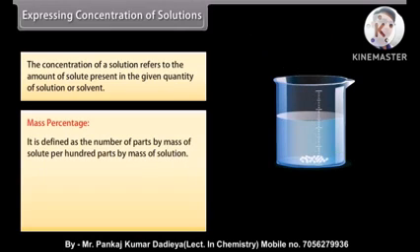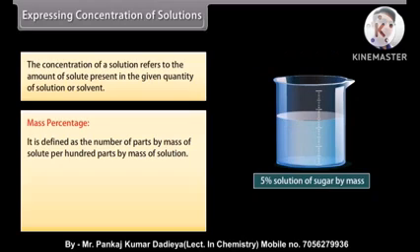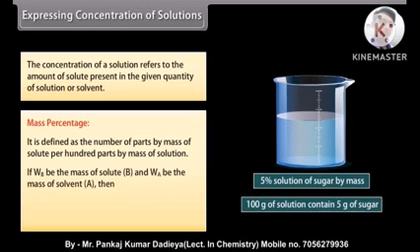It is defined as the number of parts by mass of solute per 100 parts by mass of solution. If Wb be the mass of solute B and Wa be the mass of solvent A, then mass percentage of B is equal to Wb upon (Wa plus Wb) multiplied by 100.